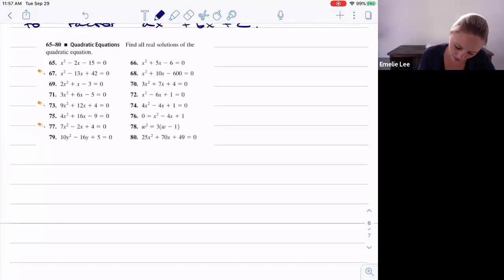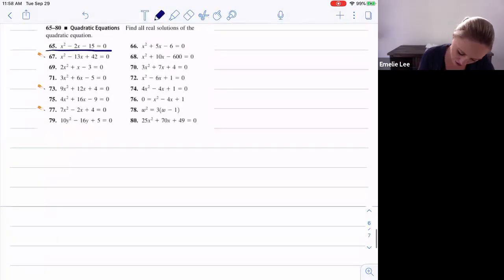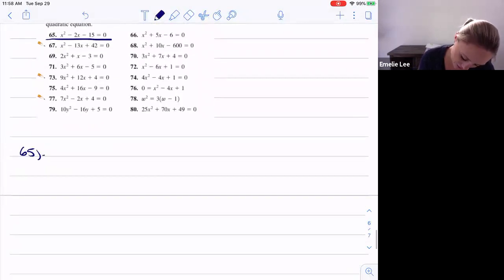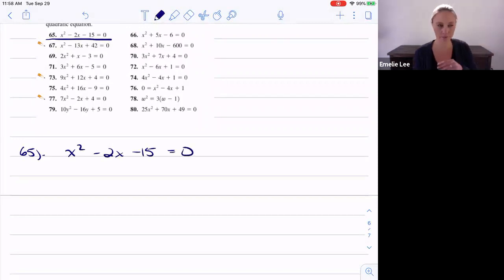So let's start nice and easy, and we'll start with 65, just to get going. So 65 says x squared minus 2x minus 15 equals 0.